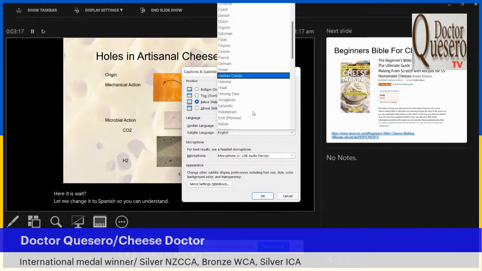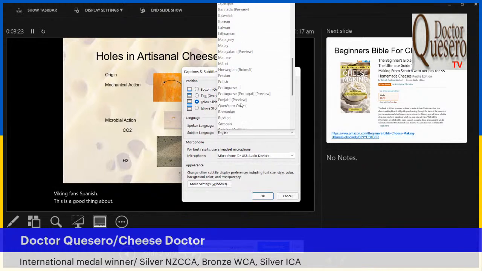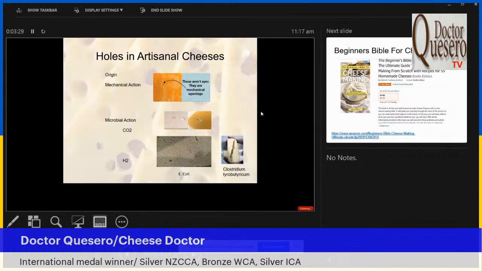This is the good thing about Office: in the PowerPoint presentation, it translates to the language. But this is new, and it's just provisional. It's not going to be forever. I'm going to use the streamer one.